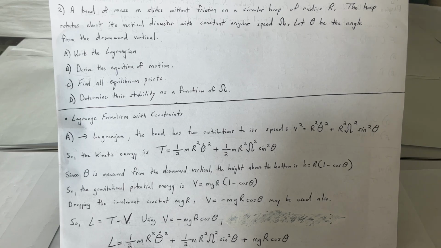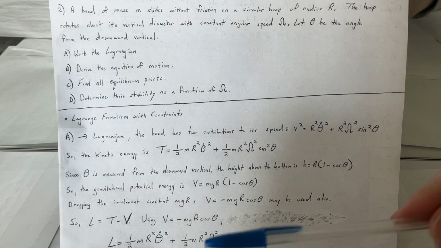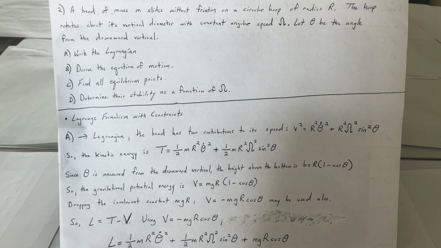So we let L equal T minus V, and L equals 1/2 m r squared theta dot squared plus 1/2 m r squared omega squared sine squared theta plus mgr cosine theta. Okay, so that is part A.